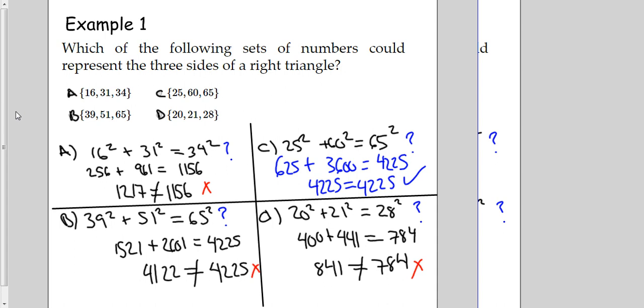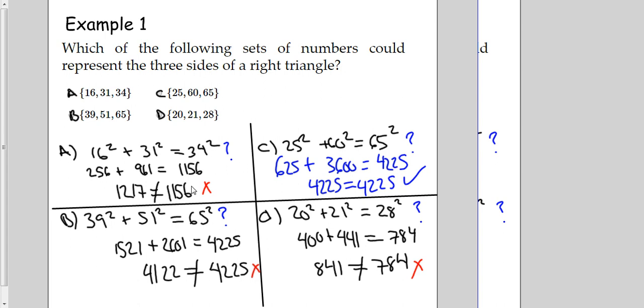Okay, so I went ahead and I checked to see which set of numbers satisfies the Pythagorean theorem. So you can see that in choice A, 16 squared is 256, 31 squared is 961, 34 squared is 1156. If these measurements truly represent a right triangle, 256 plus 961 should equal c squared, and they don't when you add them up.